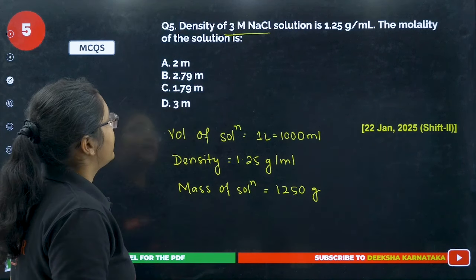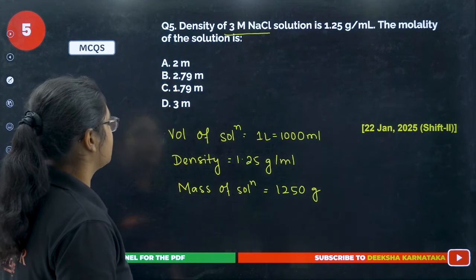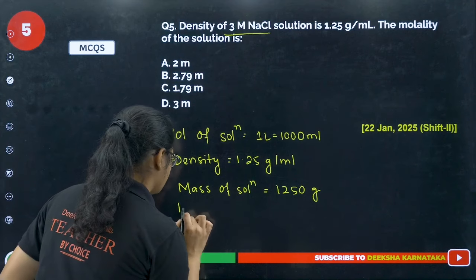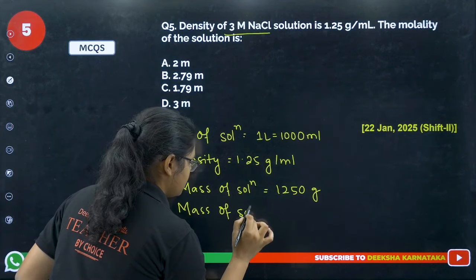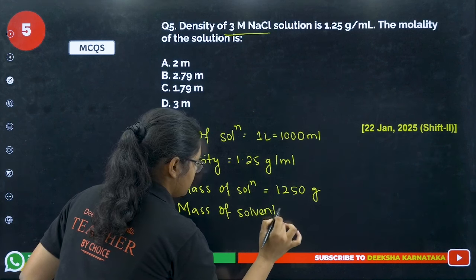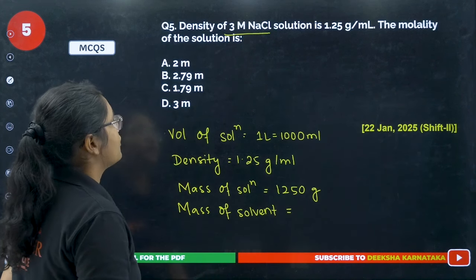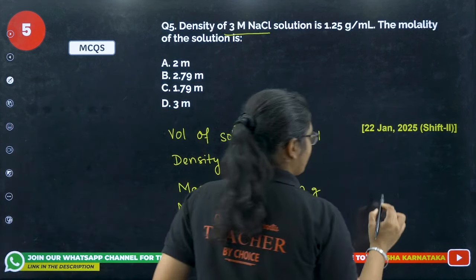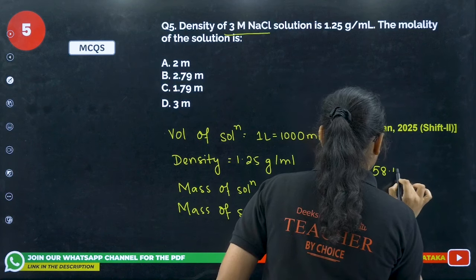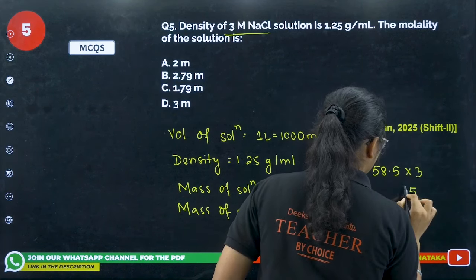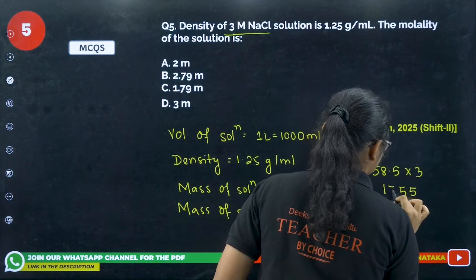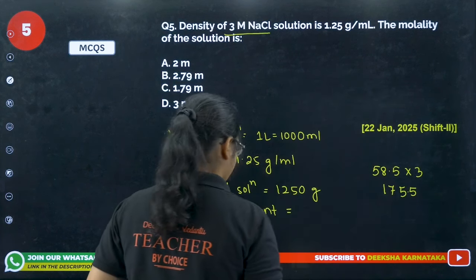Okay, next, what is the mass of the solvent? Mass of the solute NaCl is 58.5 into 3. 3 5s are 15, 3 8s are 24 plus 1 25, 15, 16, 17, 175.5.